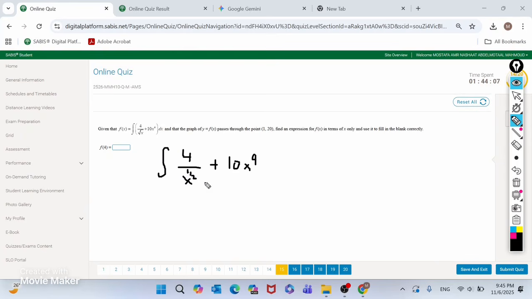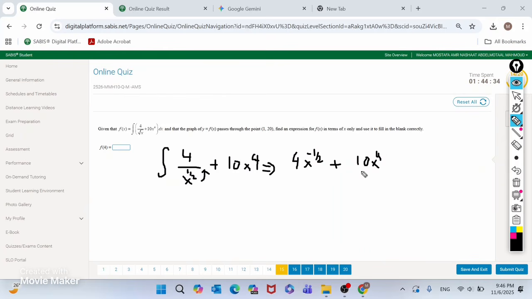Let's simplify this. See this x to the 1 over 2, you're going to take it up. So it gives you 4x to the power of negative 1 over 2 plus 10x to the power of 4.